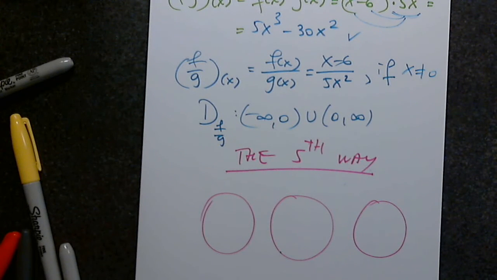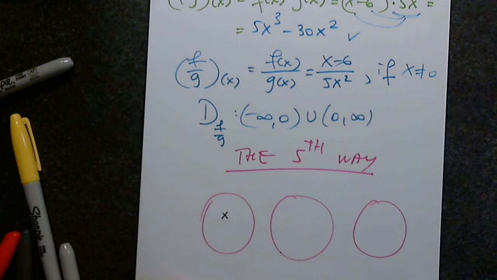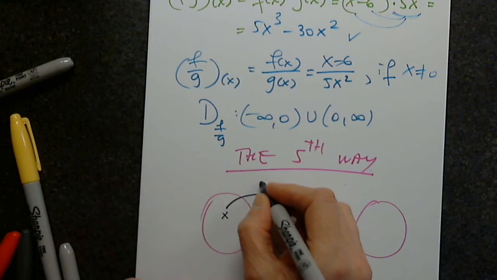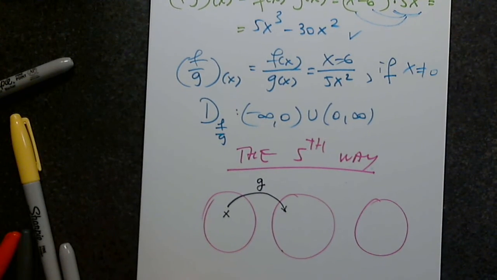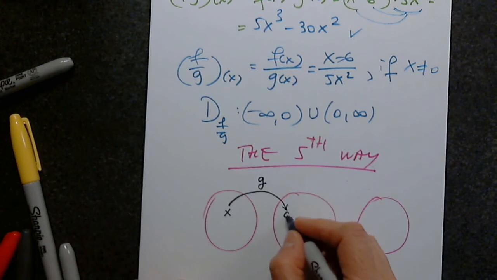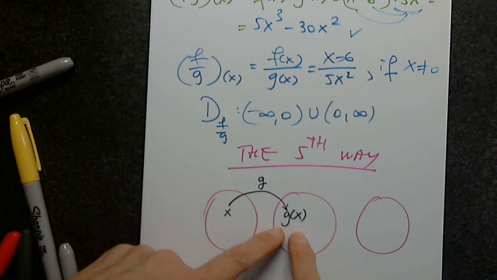Ready? Okay, so let's say I have x here. And let's say I choose to apply a function g to it. What do I get? Excellent. If this is 5, this will be? Excellent. Now this is a number.